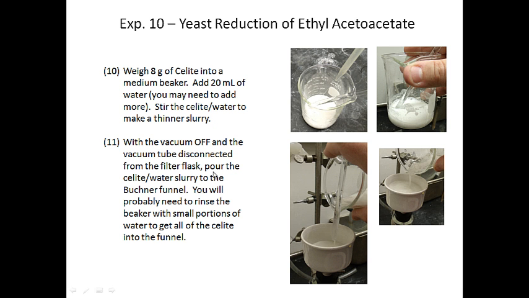Once we've done that, we pour the Celite and water slurry into the Buchner funnel, as I'm showing here, and you may have to add more water to the beaker in small portions and swirl, and then pour that into the funnel in order to transfer as much of the Celite as you can. Don't overflow the Buchner funnel at this point, and don't vacuum filter yet.